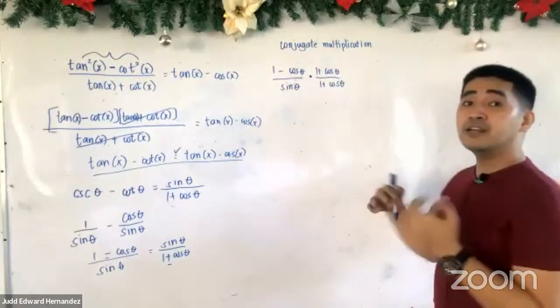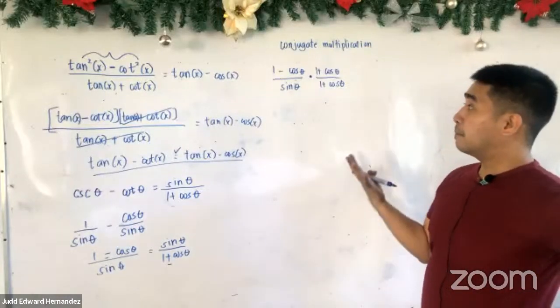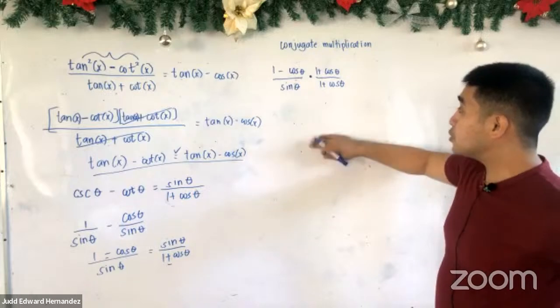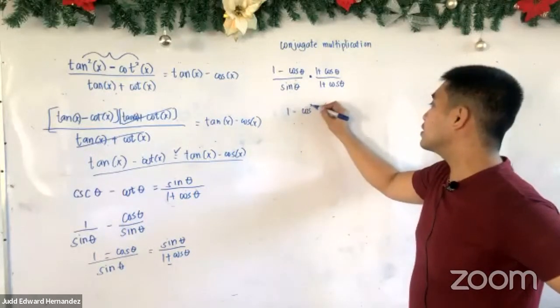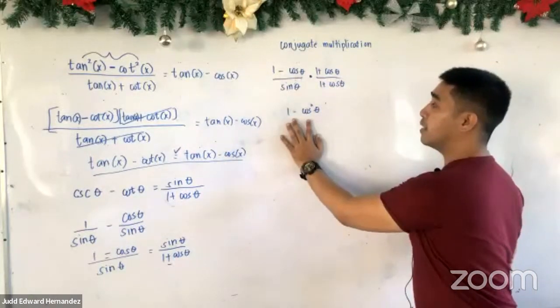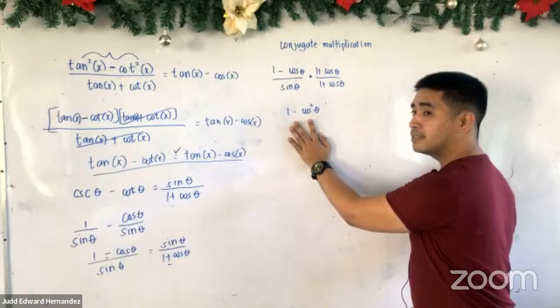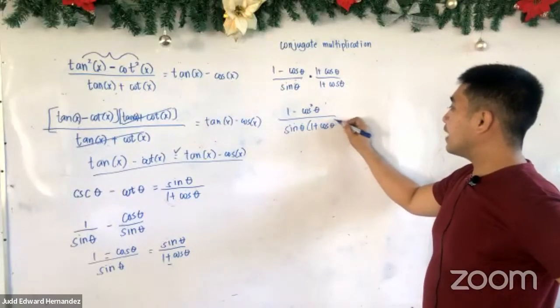1 minus, 1 plus, magkamukha sila. Therefore, difference of squares. Okay, this becomes 1 minus cosine squared theta. Tama po ba na pag pinag-multiply natin to, ang sagot is 1 minus cosine squared theta? Opo. Okay, over sine theta times 1 plus cosine theta.